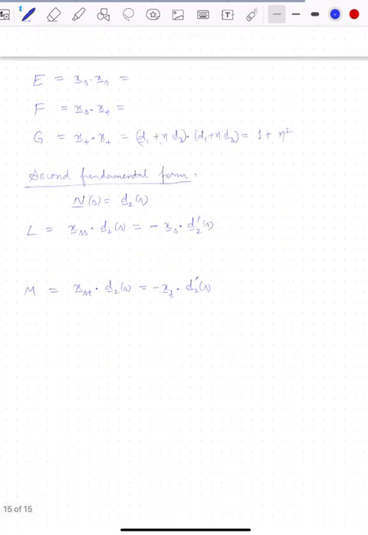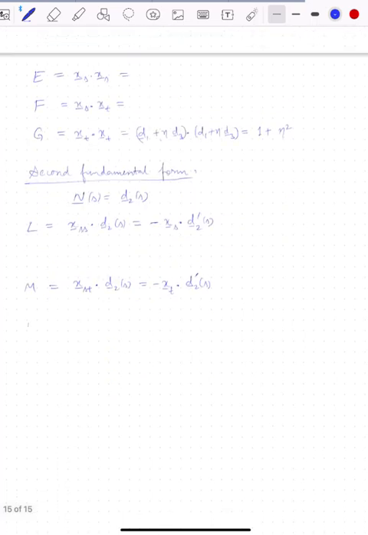And then eventually we have n is equal to xtt dot d2 of S.